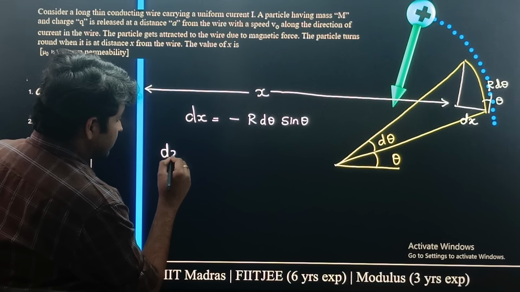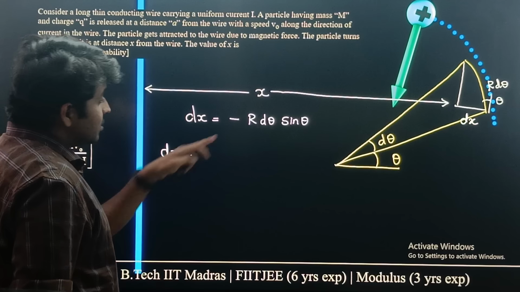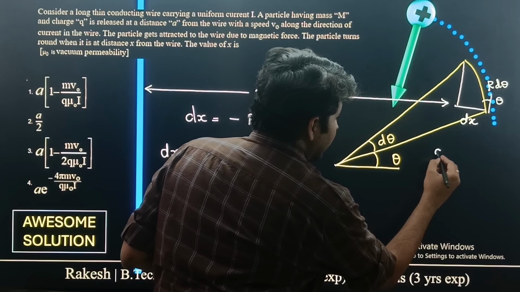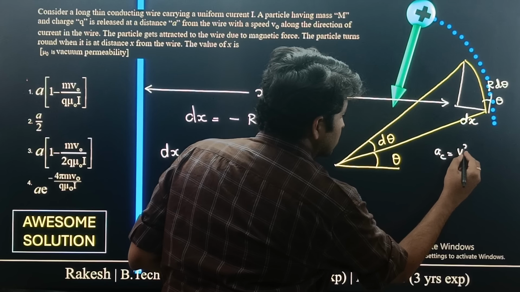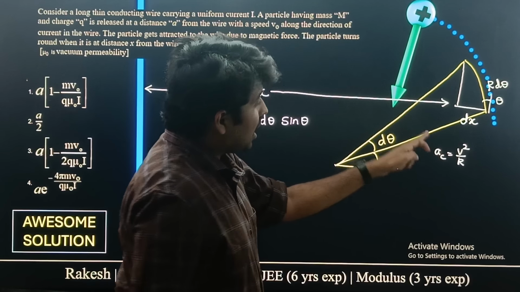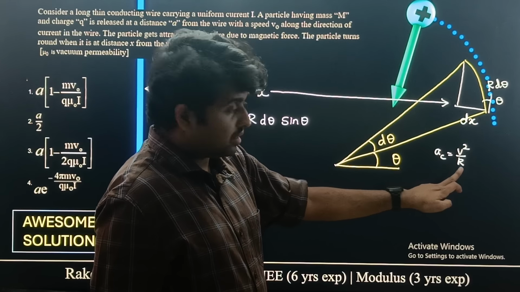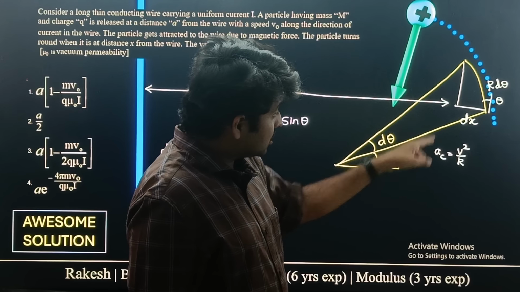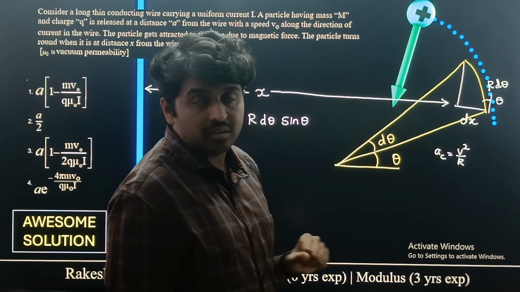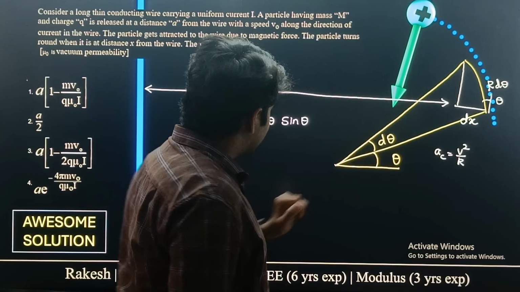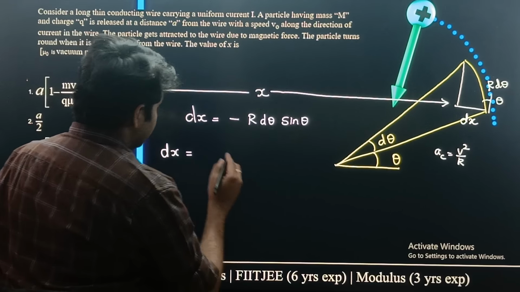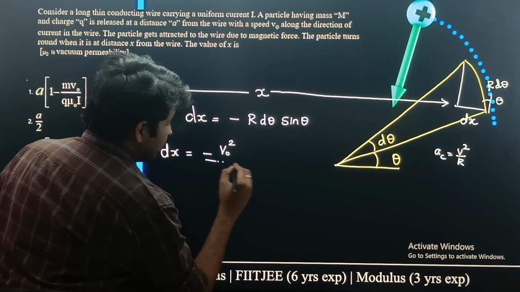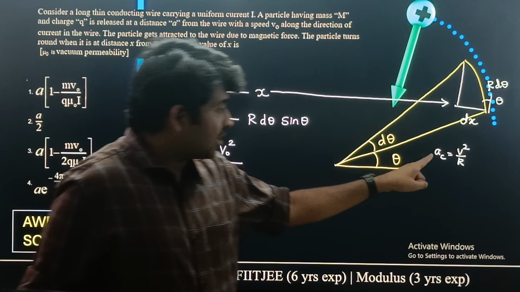So dx equal to, see what is the radius of curvature of this path here? I can write AC equal to V square by R, or R is V square by AC. Is V square changing? The velocity is not changing. Acceleration is always perpendicular to the velocity because it is a magnetic force, right? So I can directly write this R as V naught square divided by, what is AC, tell me?